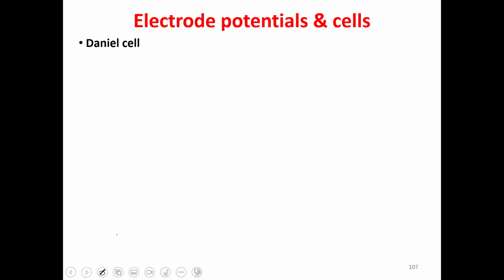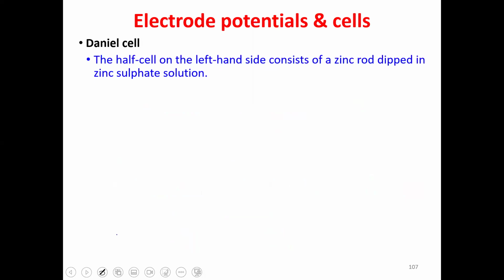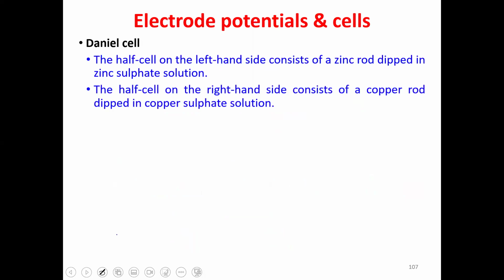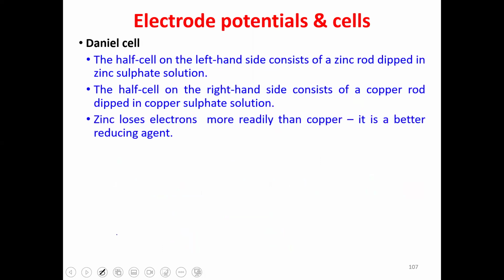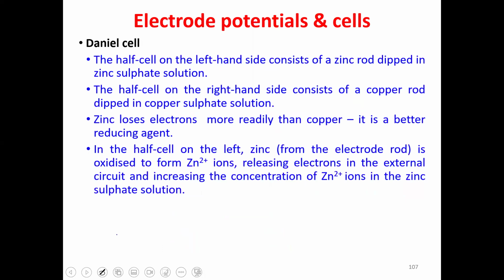Electrode potential. Now we introduce as a formality the most common cell which was initially successful, the Daniell cell. The half cell of a zinc electrode is on the left side, and the half cell on the right side consists of a copper rod. Zinc loses electrons more readily than copper, so in the half cell on the left side, the zinc electrode rod is oxidized to form Zn2+.